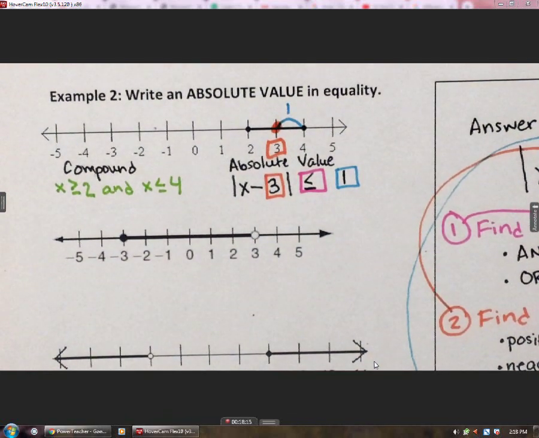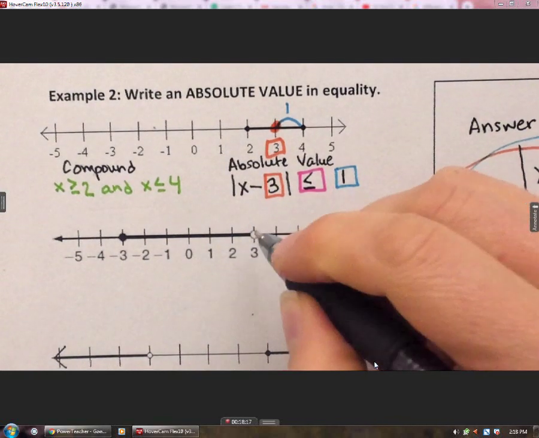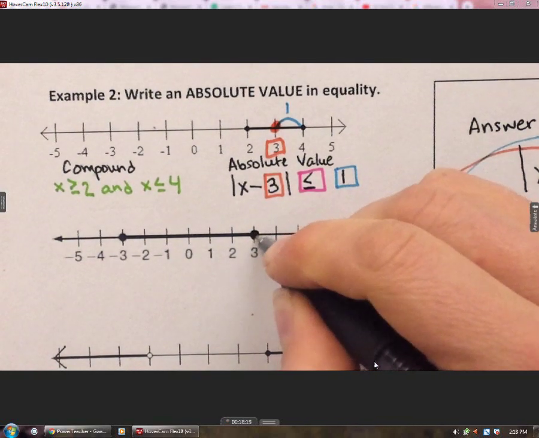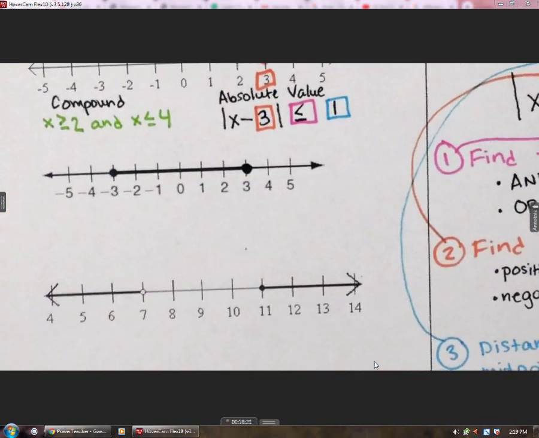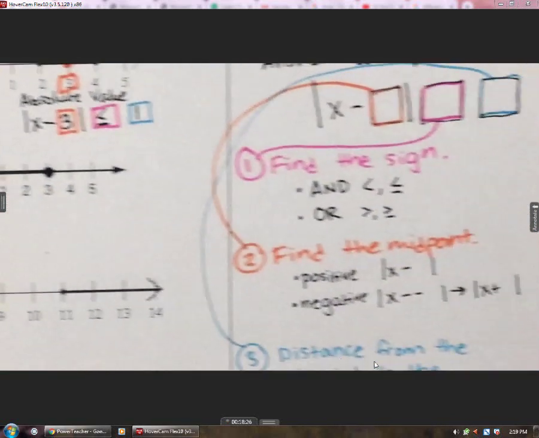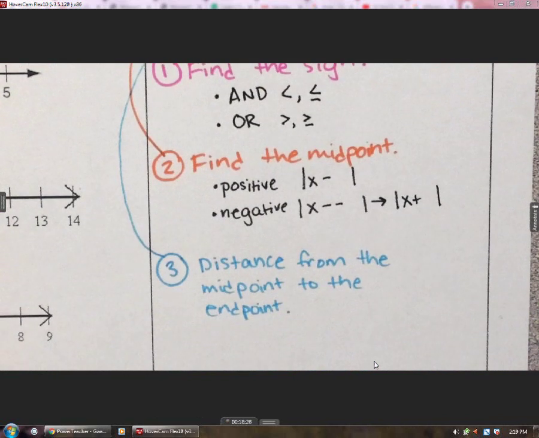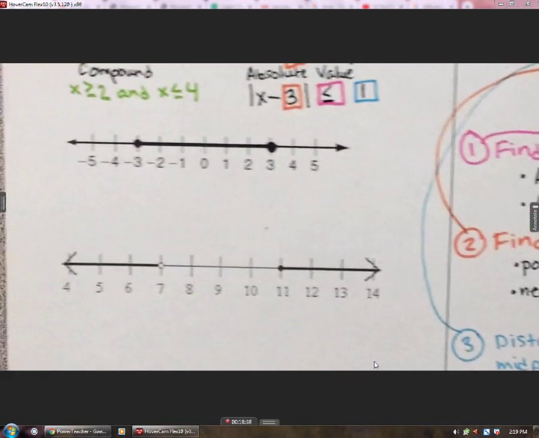Okay, let's practice some more. On the next example, you got to fill in that circle. I made a mistake. They both should be closed. So here's this example.